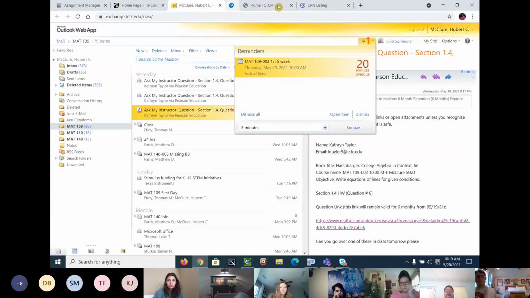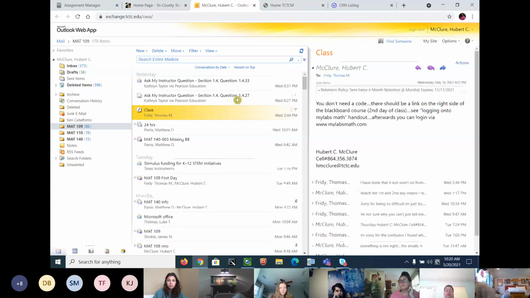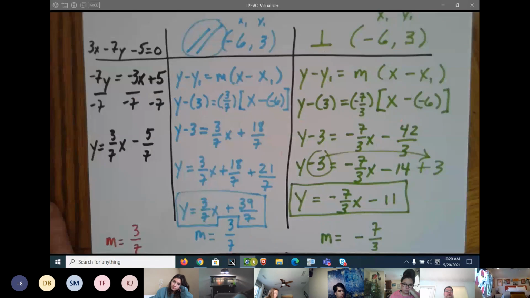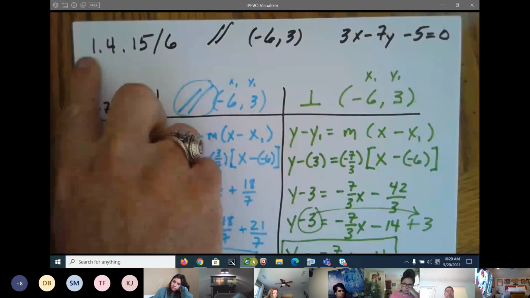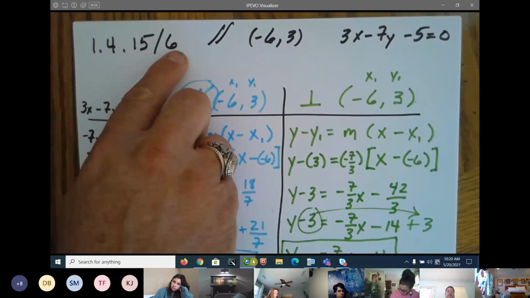Why the numbers? I forgot to tell you the numbers. The numbers like 1.4, 27: if you turn into your book on the homework for 1.4, this question will look like number 27. If you turn into your online homework, it's like number 11. So when I write down the question, I write down 1.4, that's the chapter and section, the book homework problem, and the online homework problem.